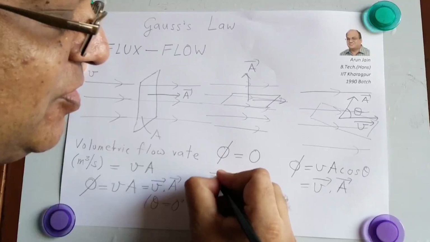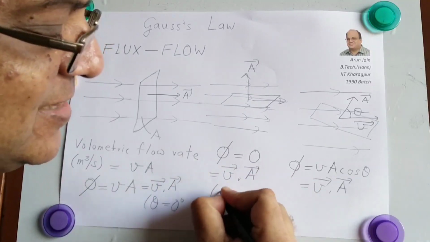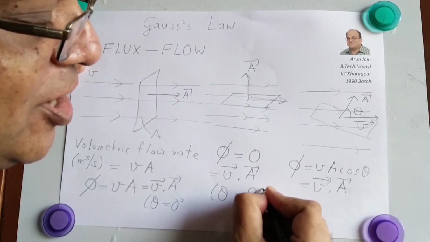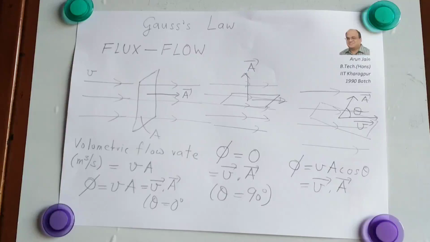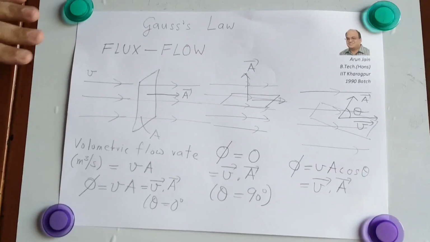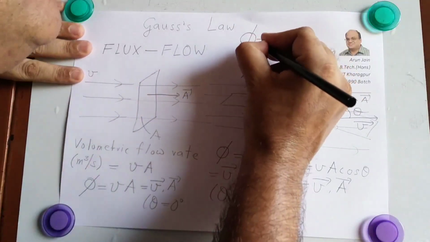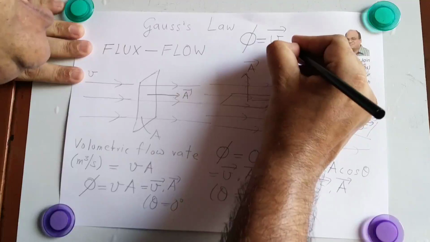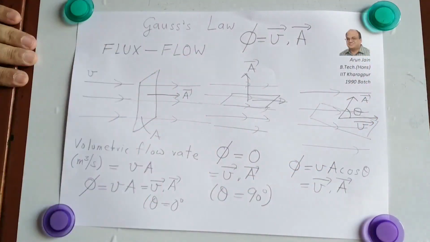So therefore this is also equal to V vector dot A vector. And the angle between them is 90 degrees, so dot product is 0. And here the angle between them is theta. So flux is VA cos theta. So in general, flux is equal to V vector dot A vector. The flux of air through that surface.